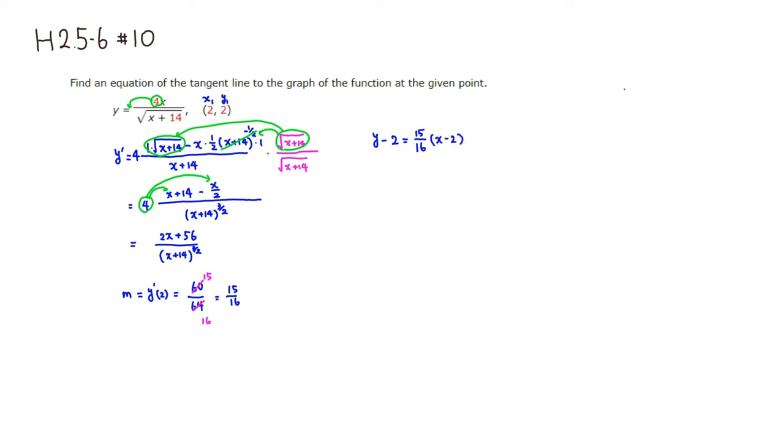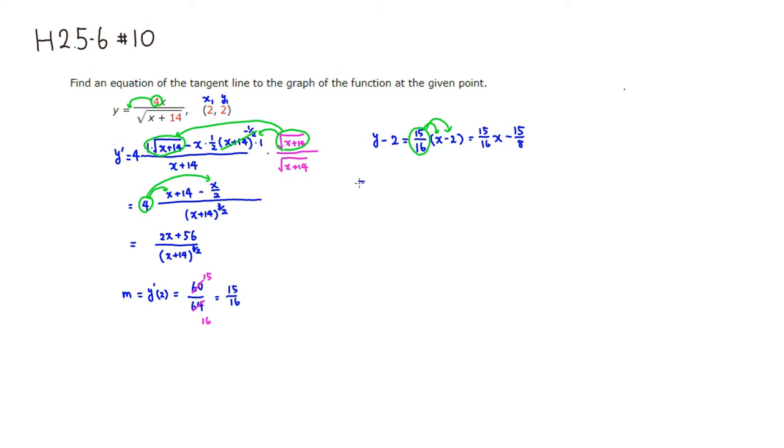I'm going to go ahead and distribute this to x and negative 2, and we get 15 over 16 x minus 15 over 8.